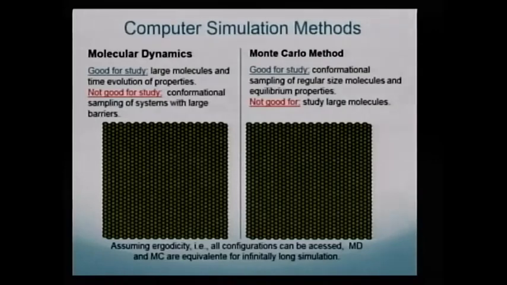You can jump from one configuration to the other. We showed in this paper of ours that you can go from one configuration to the other with a 40 kilocalorie per mole barrier. So it doesn't matter about your barrier. It only matters the difference of energy of the configurations, okay? But molecular dynamics, no. You need to cross the barrier.